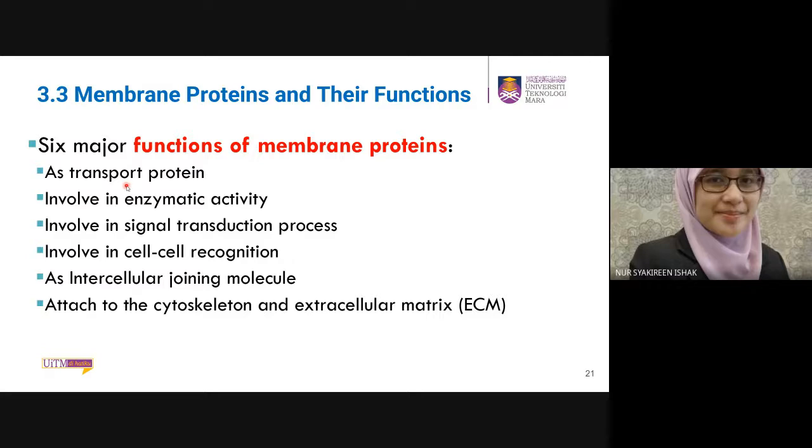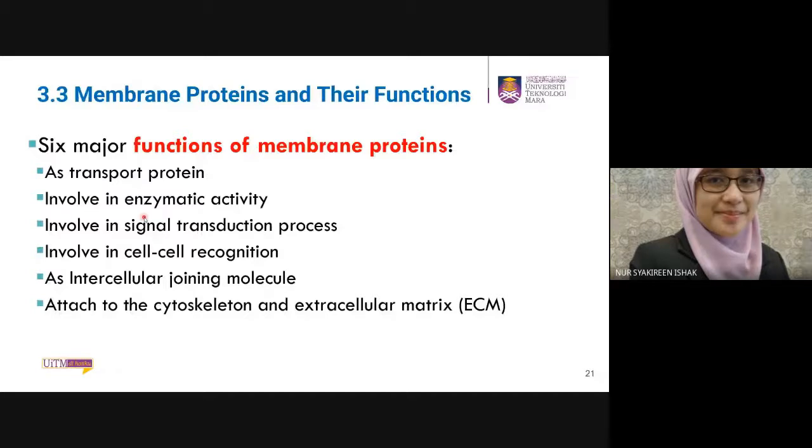Okay, so second, the protein can also function as enzymes. One example that I can give you is not at the plasma membrane, to make it easier to understand. For example, mitochondria. Mitochondria also have membranes. It applies the same way.